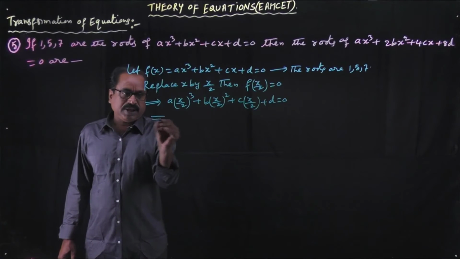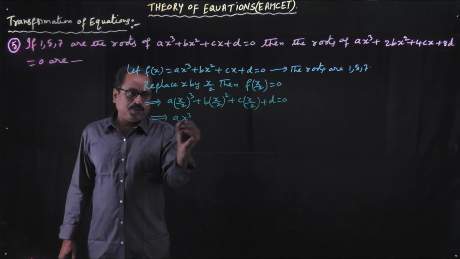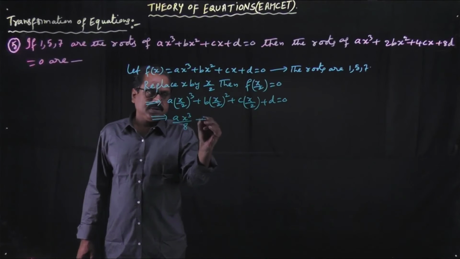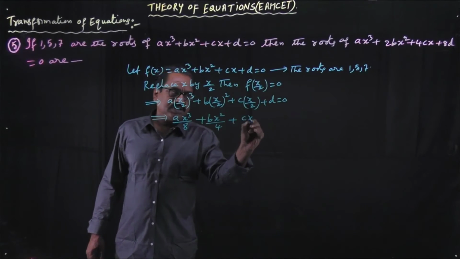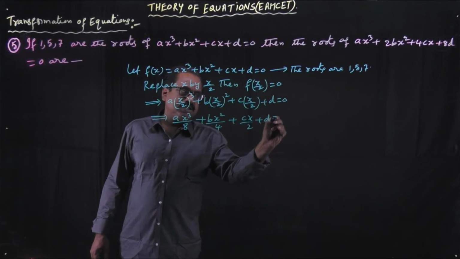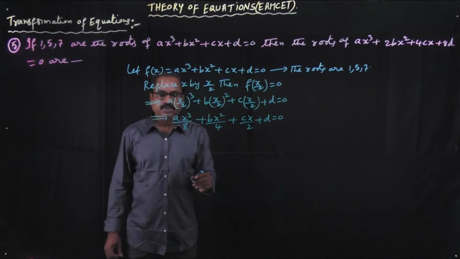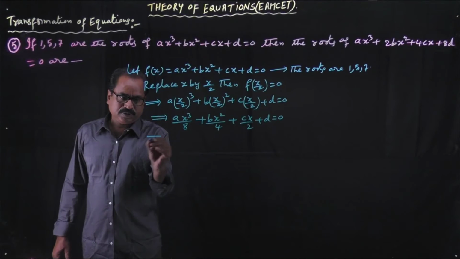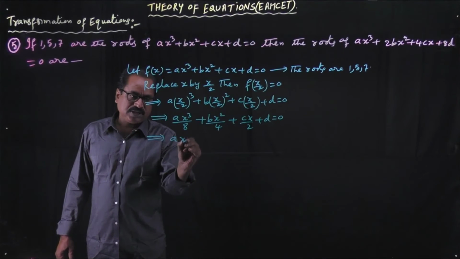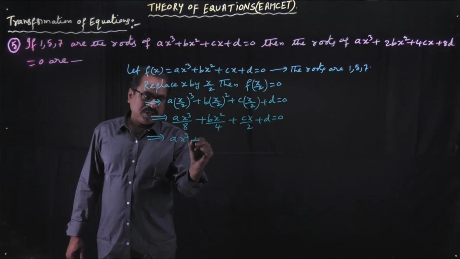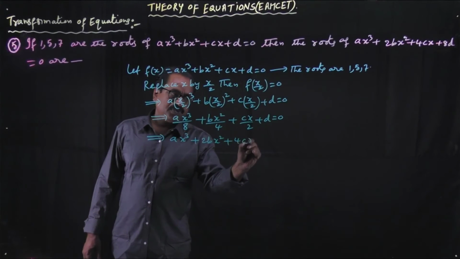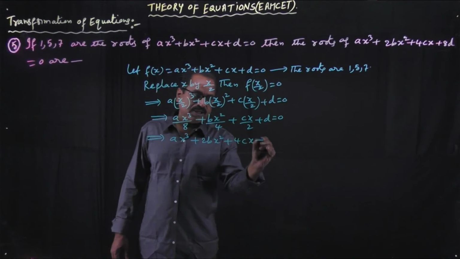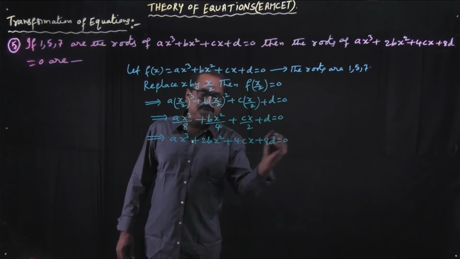So this implies ax cube by 2 cube 8 plus bx square by 4 plus cx by 2 plus d is equal to 0. So this implies ax cube plus 2bx square plus 4cx plus 8d is equal to 0.